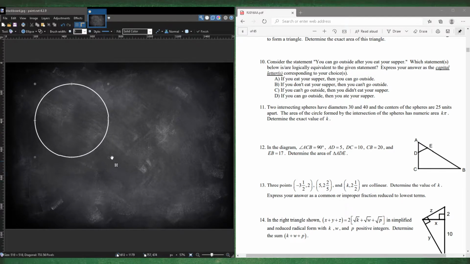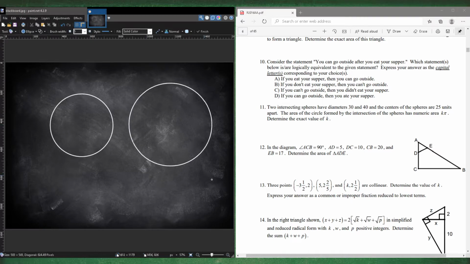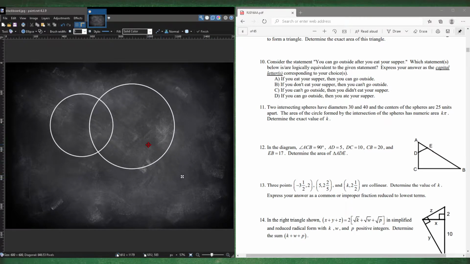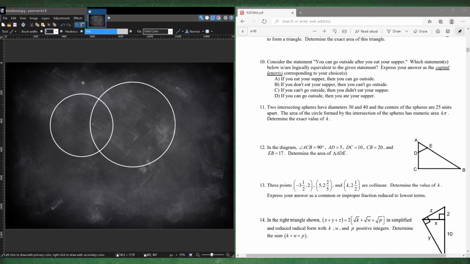Actually, let's make this a bit smaller. And then we have a diameter of 40. Okay, so let's say something like that. So the center of circle, center of circle. Sorry, let's line this up actually.